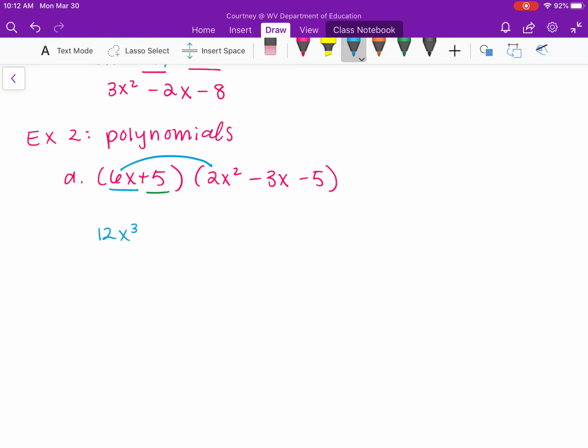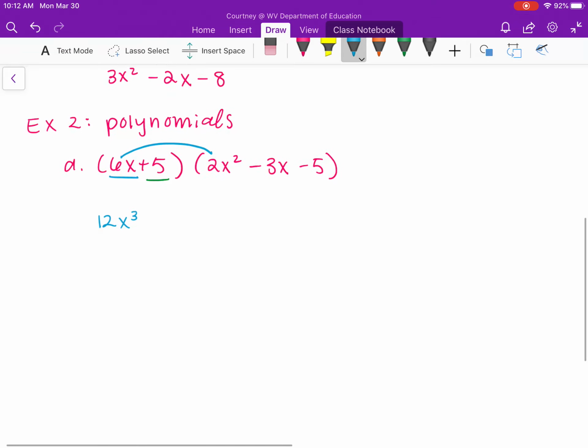I have x to the third. Okay, now let's take the 6x to the negative 3x. 6 times negative 3 is negative 18, and we have 2 x's there, so x squared. Last but not least, 6x goes to the negative 5, and 6 times 5 is 30, so we have a negative 30x.